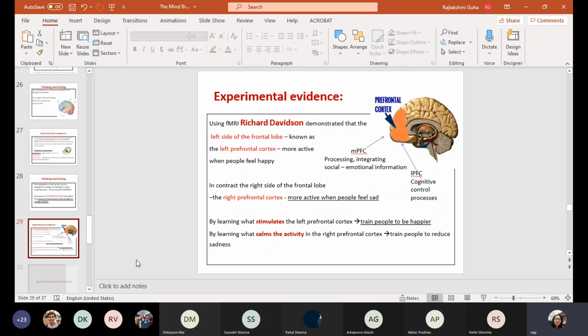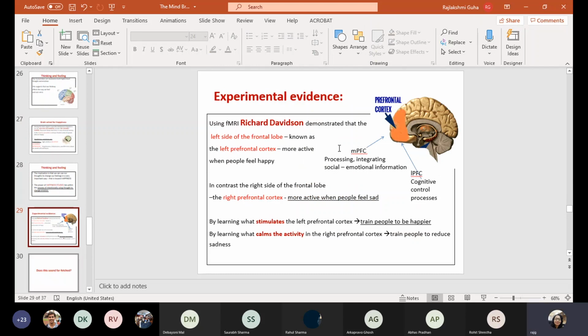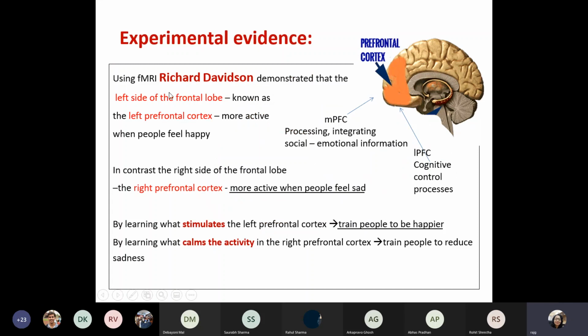To go by some more evidence, it has been found... Richard Davidson is a neuroscientist who works on emotions, and his research is really wonderful. You can look through it.